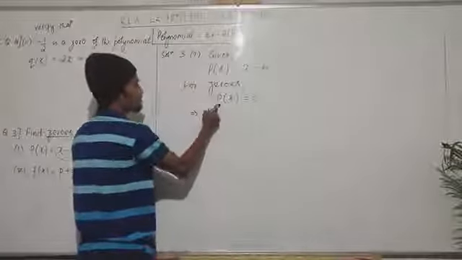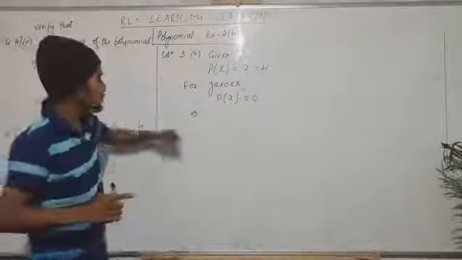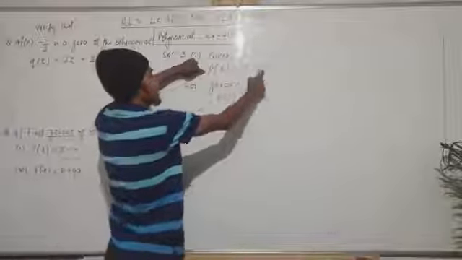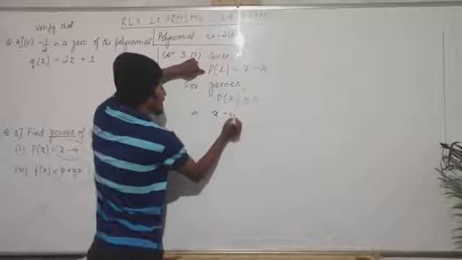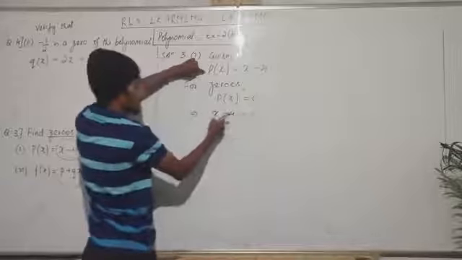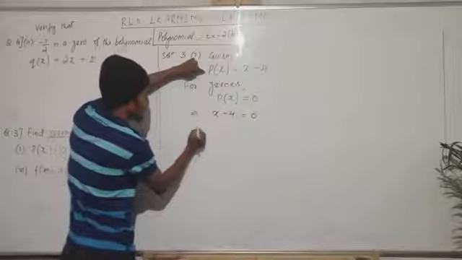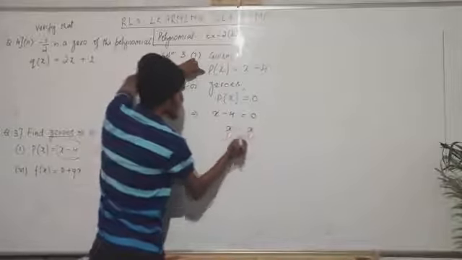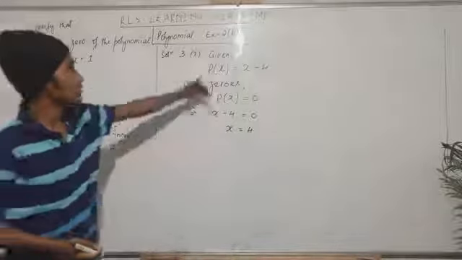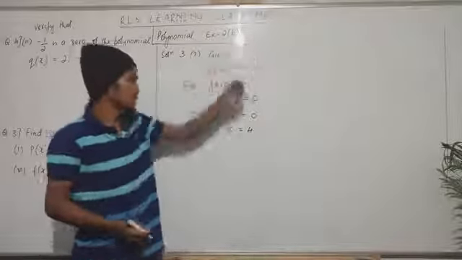For zeros, P of x should be equal to 0. The value of P of x is x minus 4, so x minus 4 equals 0. If I take the minus 4 to that side, I get x is equal to 4. So what is the zero of this equation? The zero of this equation is 4.